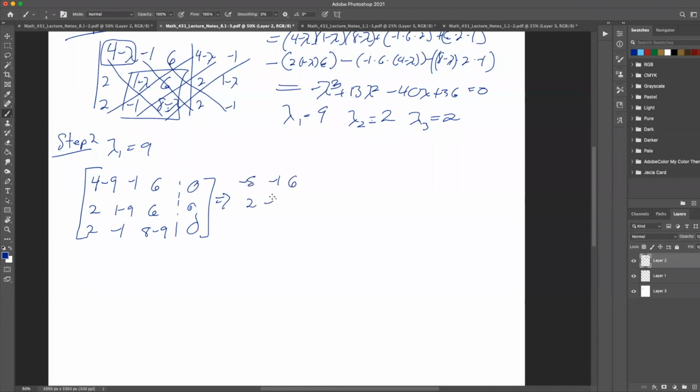I might lose my voice before the end of class, which would be fun. Then we're just going to put this in RREF, just chunk it through a calculator. I'm going to get 1, 0, -1; 0, 1, -1; 0, 0, 0.